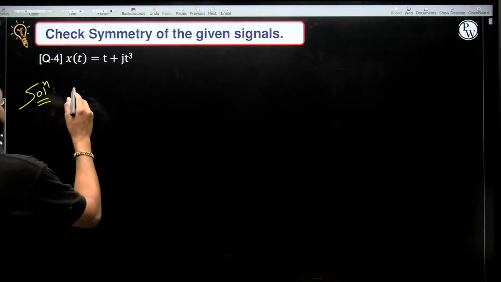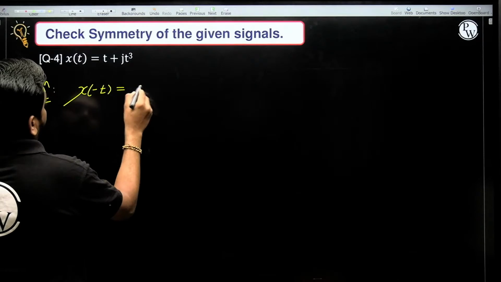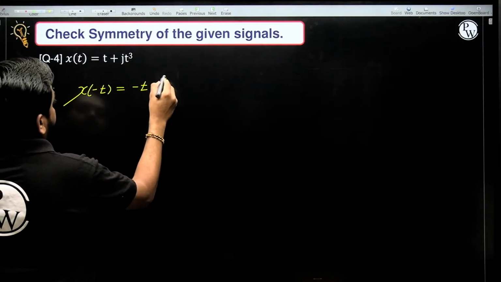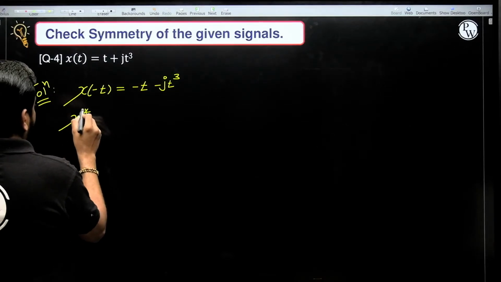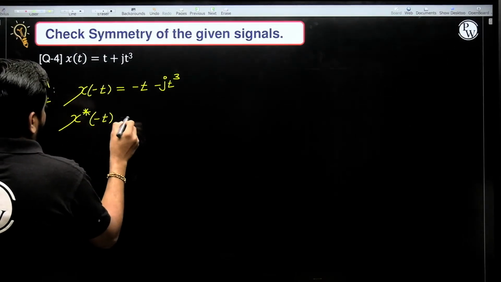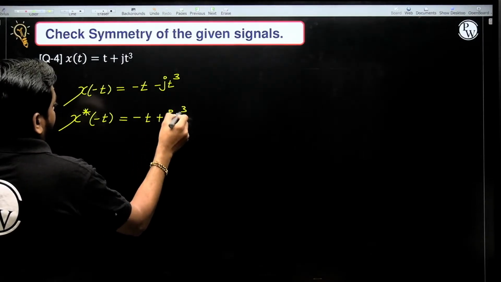Again neither. Okay, very good. See, t becomes minus t minus j t cube. Then conjugation: minus t plus j t cube.